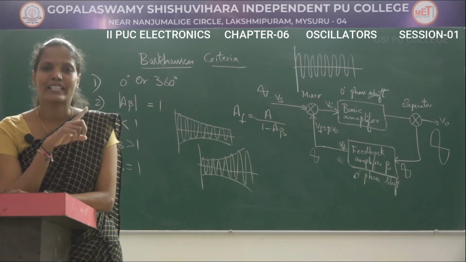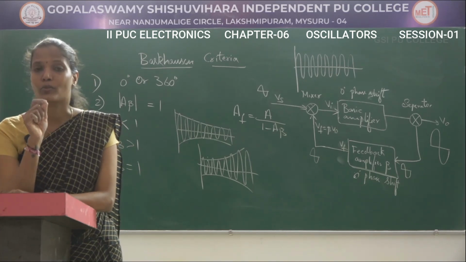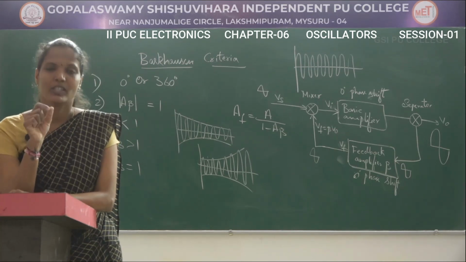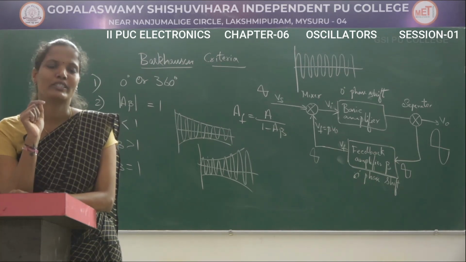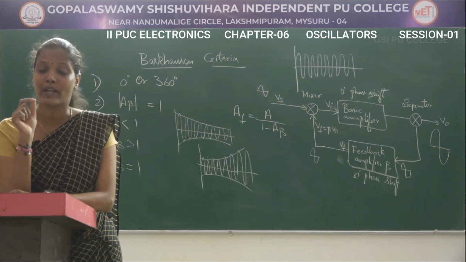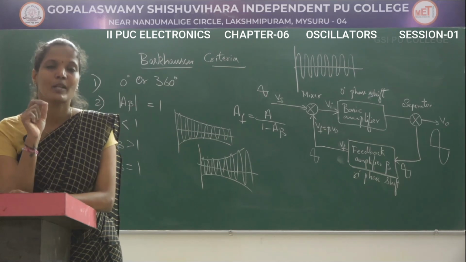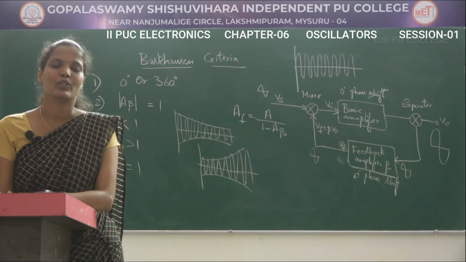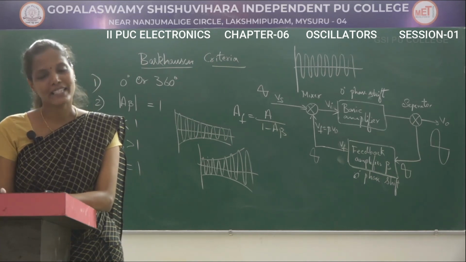So in oscillator circuits we use positive feedback, not negative feedback. The expression for the voltage gain of the positive feedback oscillator is denoted by AF, which is equal to A divided by 1 minus A beta.